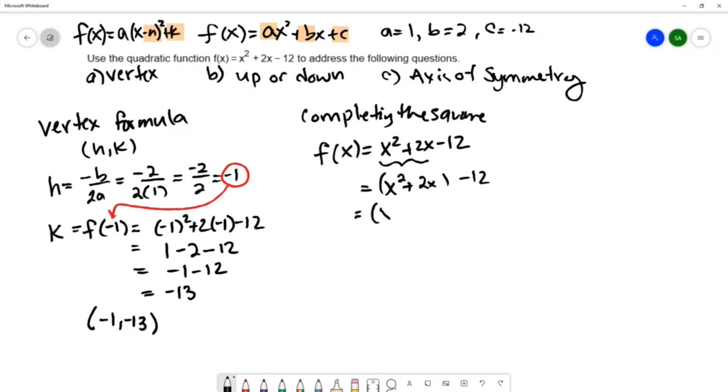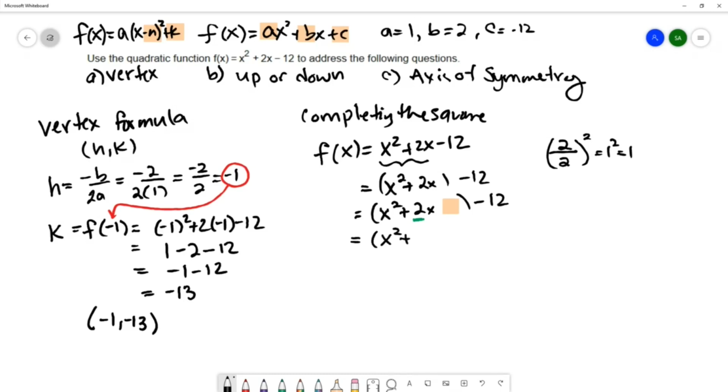Then I'm going to make a little bit of room inside this grouping for what I call the magic number, and this magic number is going to complete the square. So let me do the work on the side. You're going to start with the coefficient on the x term, 2. You divide that by 2 and then square it. 2 divided by 2 is 1, and 1 squared is 1. So our magic number for this example is 1.